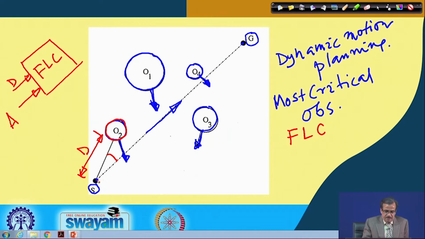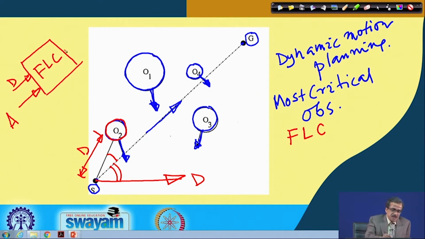Supposing the angle of deviation to avoid the collision could be something like this. This could be the direction of movement of the robot just to avoid collision with the most critical obstacle. If I mark one point here, say D, the angle GSD is actually the deviation.